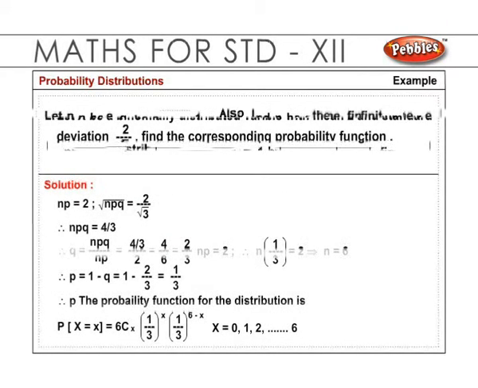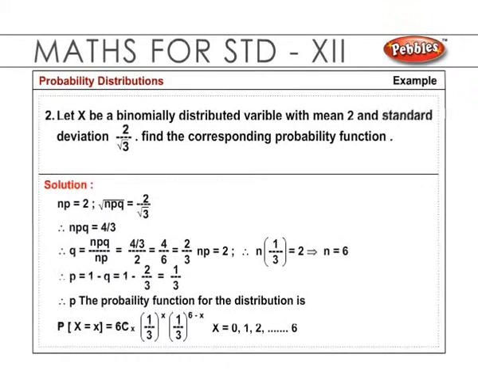We know that standard deviation is 2 by root 3, mean np is equal to 2, root of npq is equal to 2 by root 3. Squaring, we get npq is equal to 4 by 3, which gives q is equal to npq by np is equal to 4 by 3 by 2 is equal to 4 by 6 is equal to 2 by 3. But success plus failure is equal to 1.